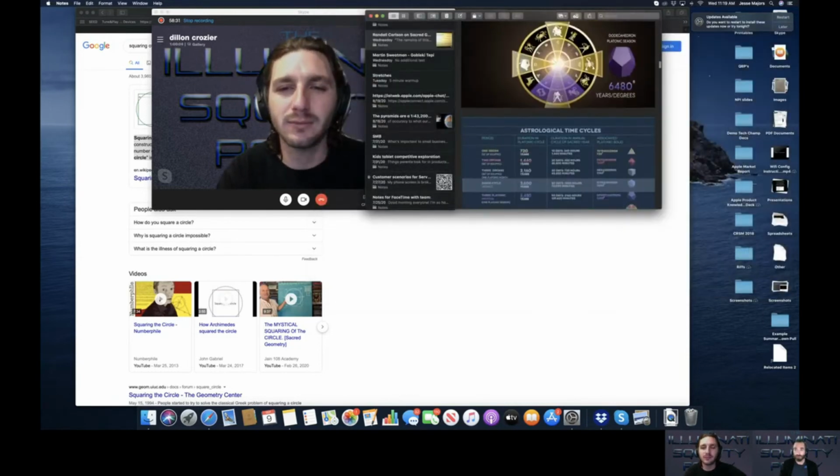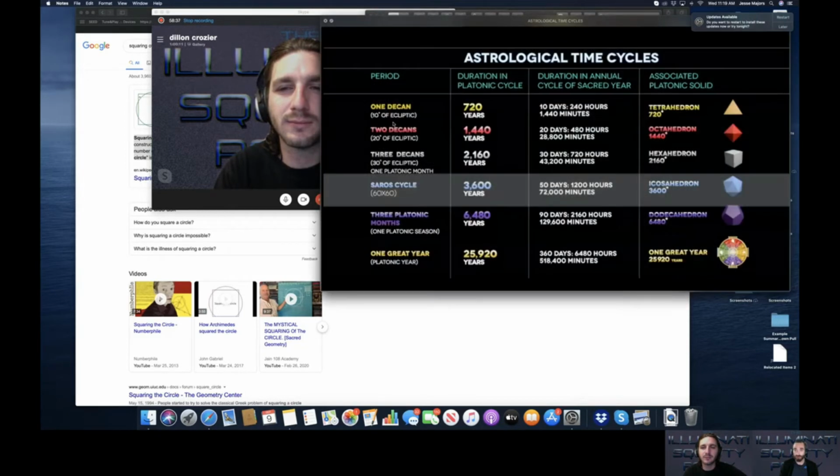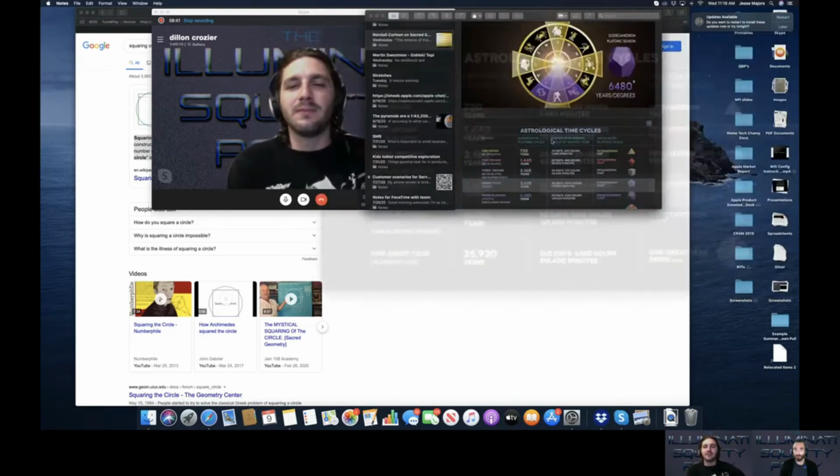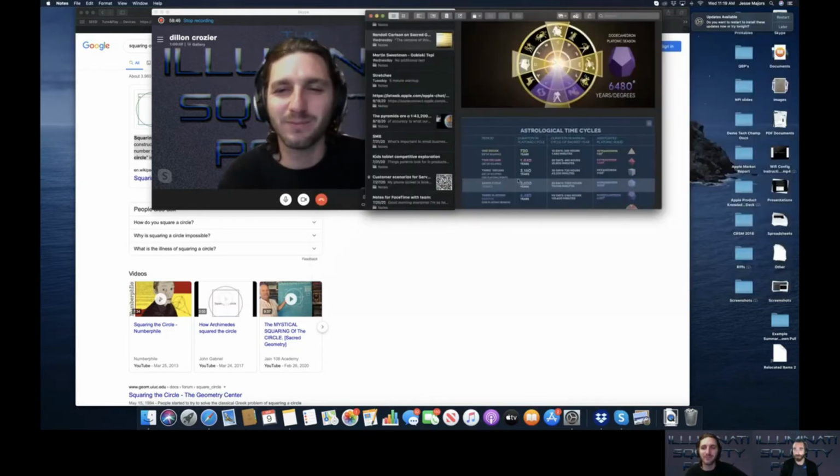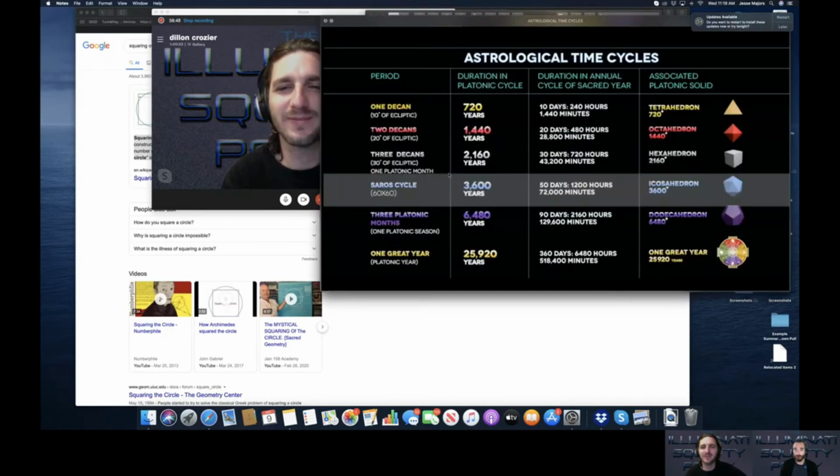I know he's basically talking also about the measurements of different angles on this great year cycle, right? Because you have 10 degrees is one decan, 20 degrees is two decans, 30 degrees is three decans. But you're right. I don't know why he skips from 30 to 60.